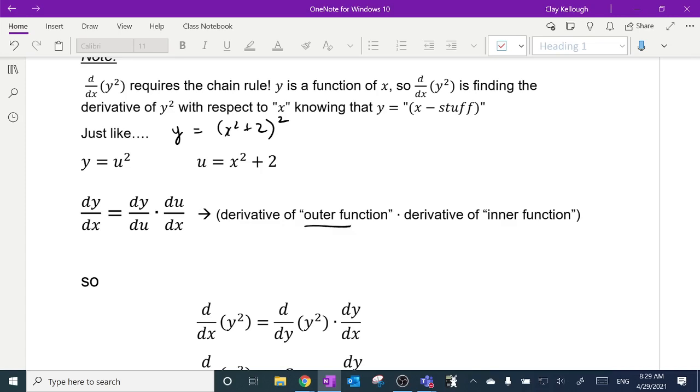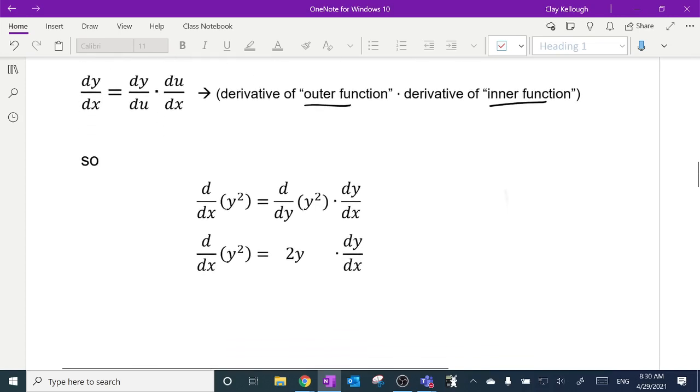Or outer function, inner function, which is kind of the way I thought about it the first time I looked at chain rule. So when I'm doing something like that, the derivative with respect to x of y squared is the outer function times the inner function. And that's going to be 2y.